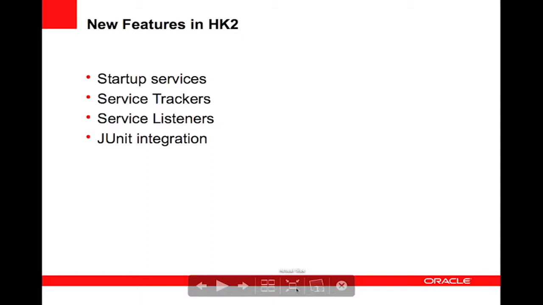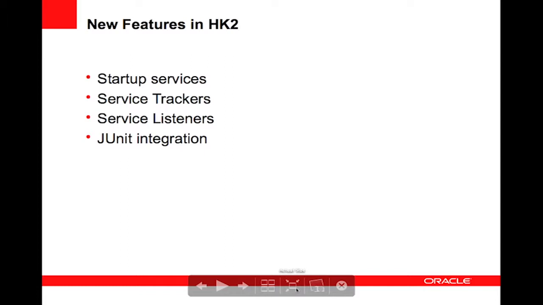So this is a startup facility so that you do not have to write startup code. You just write a certain category of services called startup services, and those will be called in the right order with the right priorities.